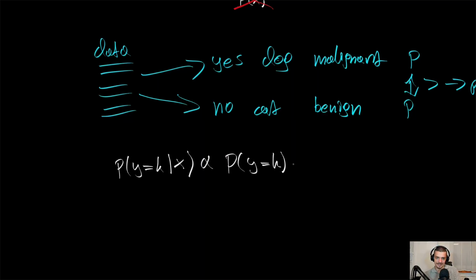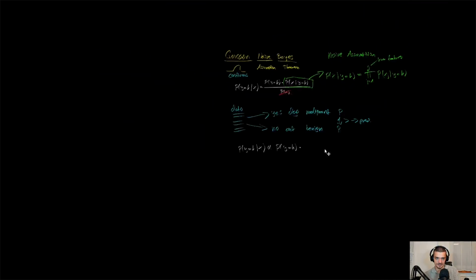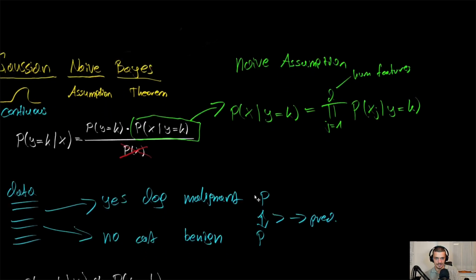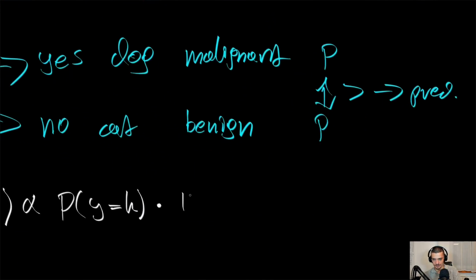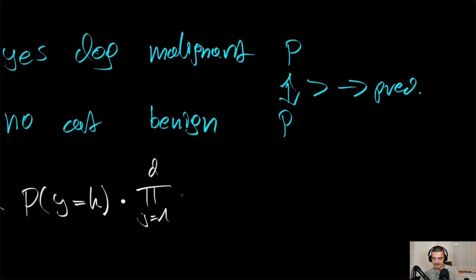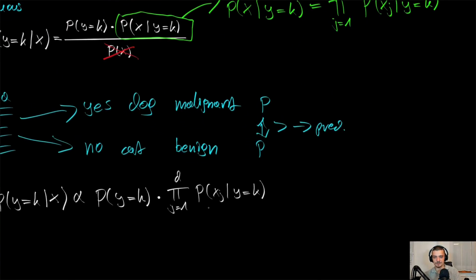And that thing times this product here, j from 1 up until d, of the probability that xj, the individual feature, is what it is when y equals k. Of course, again, in reality, this doesn't make a lot of sense because the probability changes if I know that a person is very tall. The probability for the weight feature is not unaffected by this.